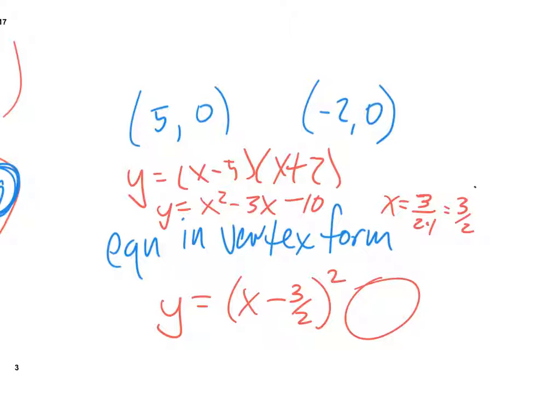I personally think putting a 1.5 in here and here is going to be easier, because I don't have to square 1.5 that way. Okay, so I'm going to say 1.5 minus 5 is -3.5, right? And then 1.5 plus 2 is 3.5.